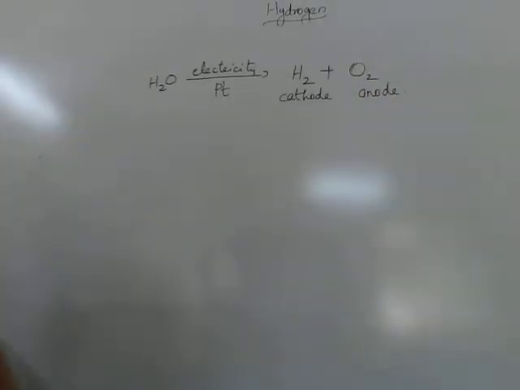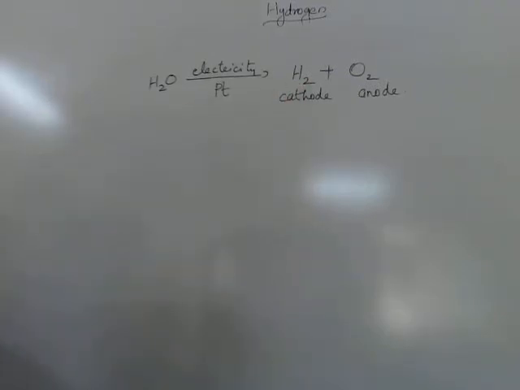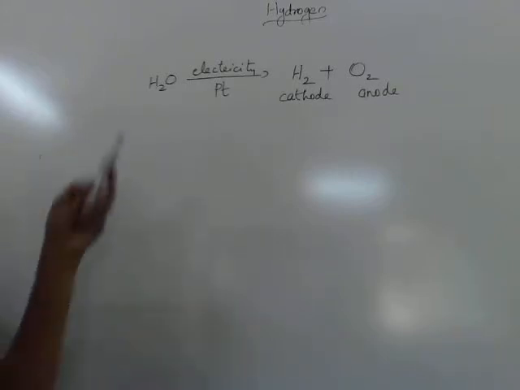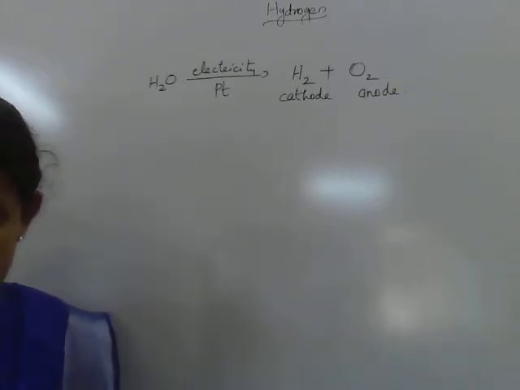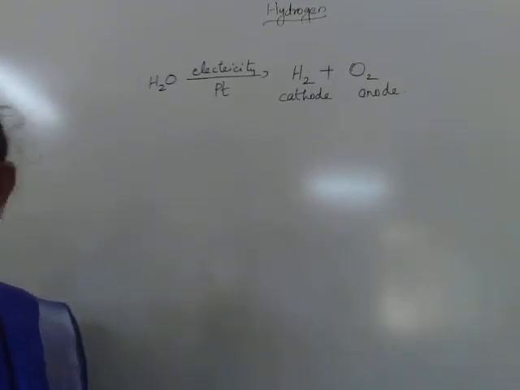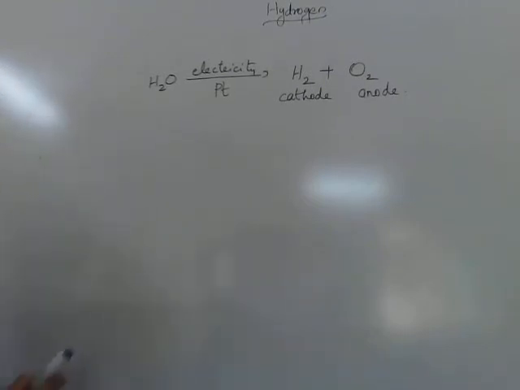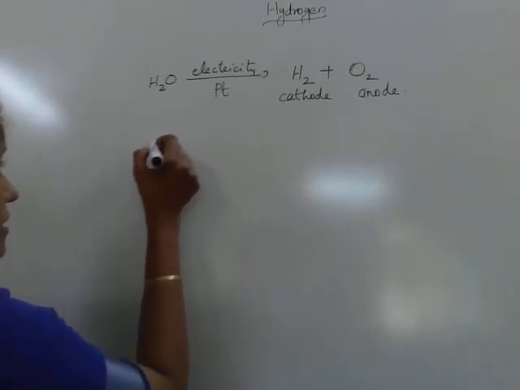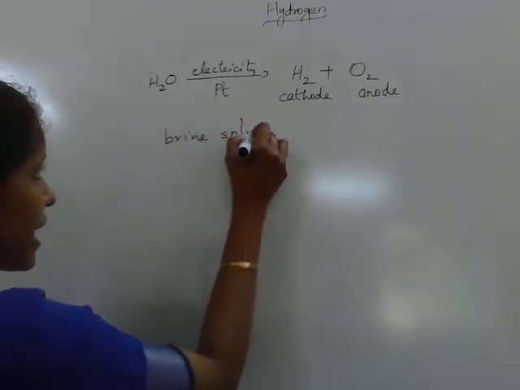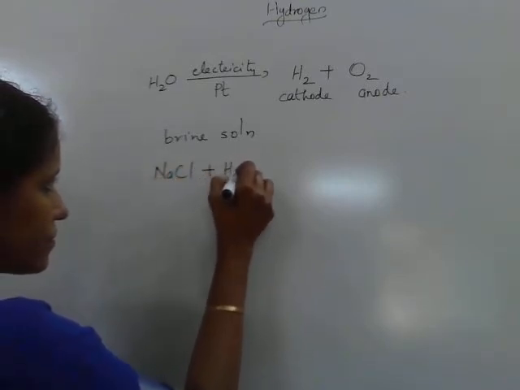High purity hydrogen can be made by using barium hydroxide instead of water. Electrolysis of barium hydroxide gives dihydrogen in 99.95% pure form. Another method is electrolysis of brine solution. Brine solution is aqueous sodium chloride solution.